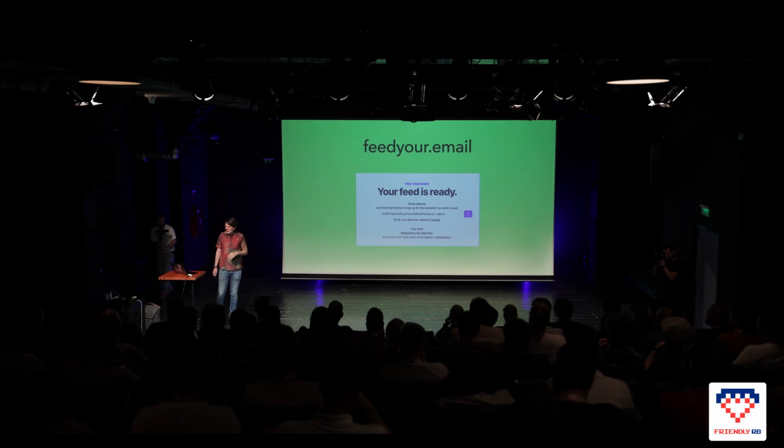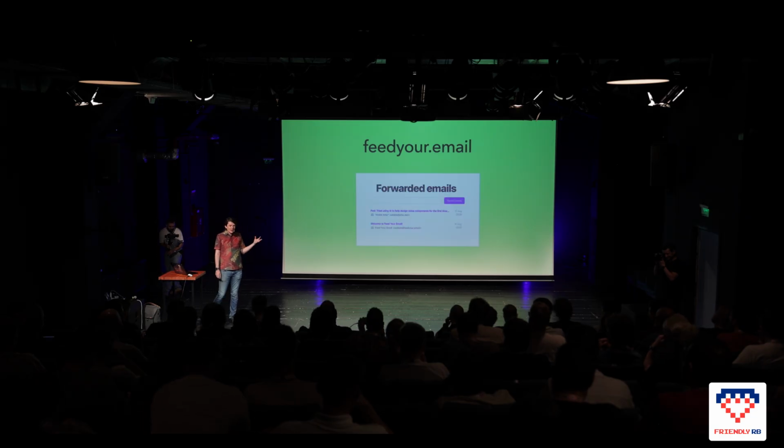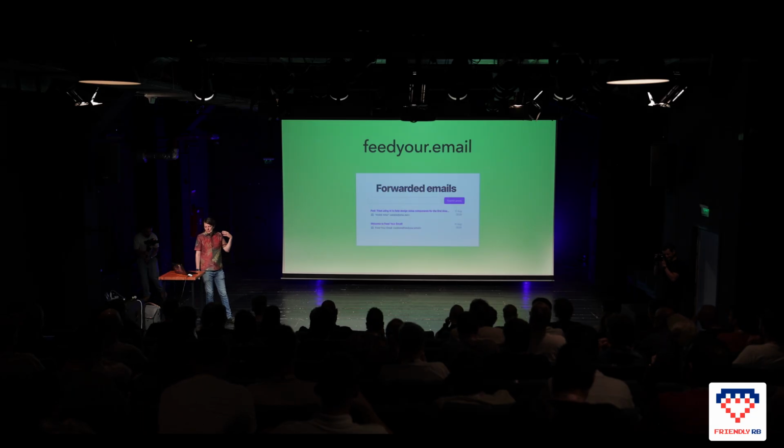So I run this on Fly.io as a single VM, and it costs me maybe $14 a month or something like that. It also has some additional bonus features. There's a web view where you can share emails as a link to someone that you want to talk to about an email that you've gotten.